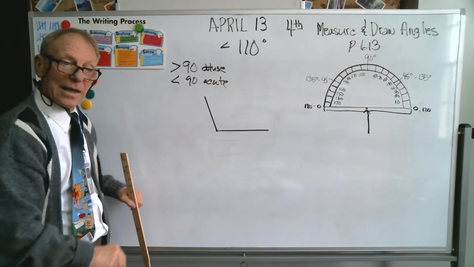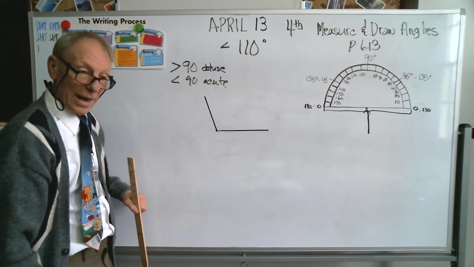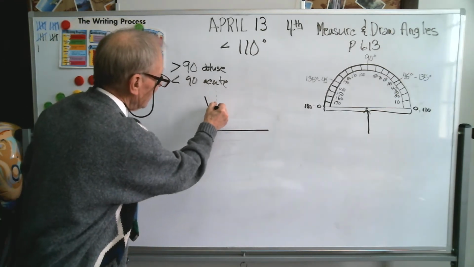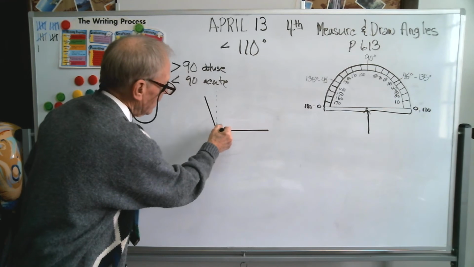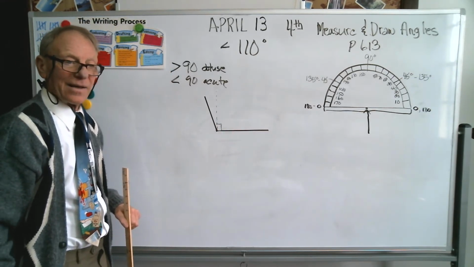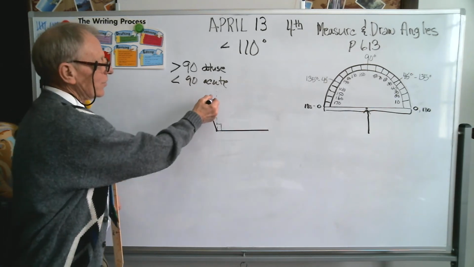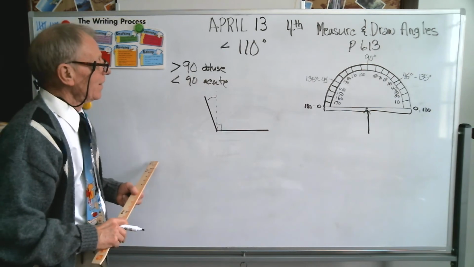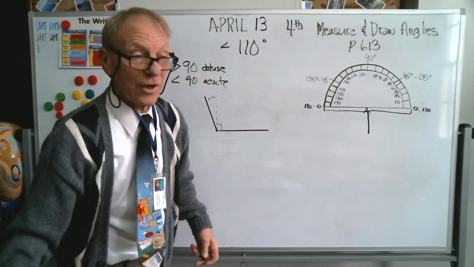And is that not an obtuse angle? Why, yes it is. Because if it was 90 degrees, it would have that angle. So it's that much greater than 90 degrees. So that's 110 degrees.